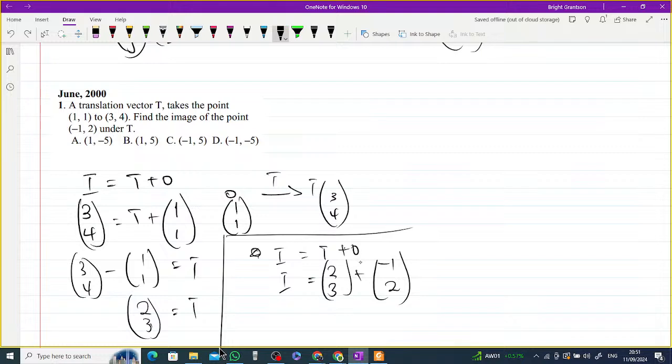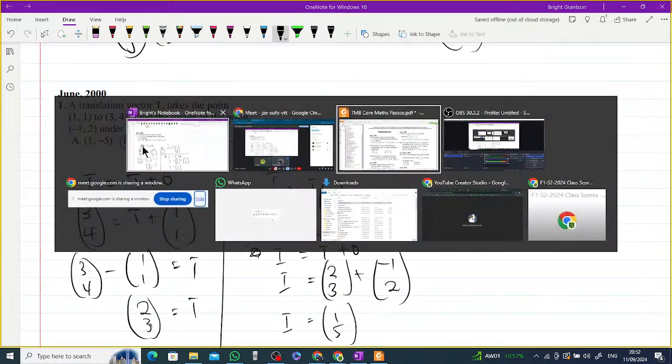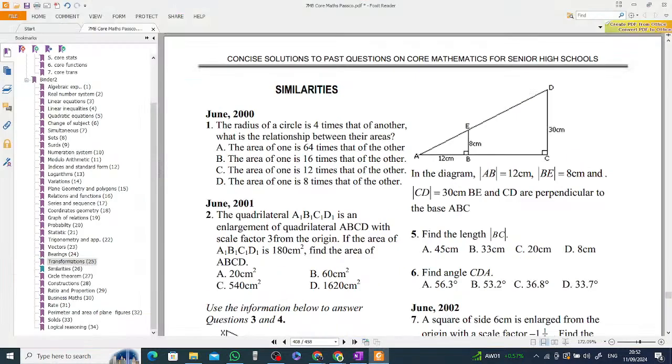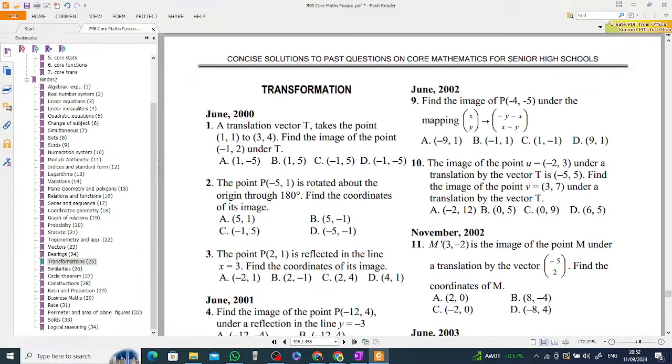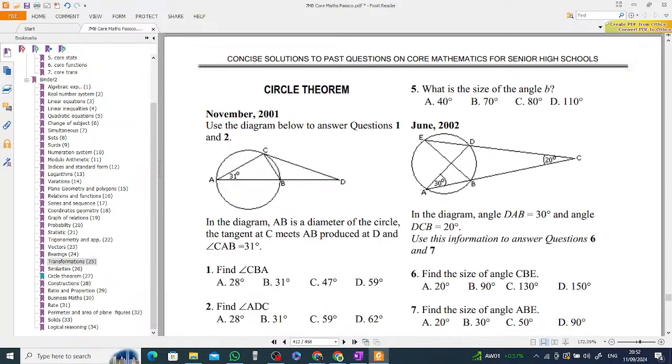Do you understand? So 2 plus -1 is 1, and 3 plus 2 is 5. So (1, 5). That's option B. The answer is option B. Let me see question 1.